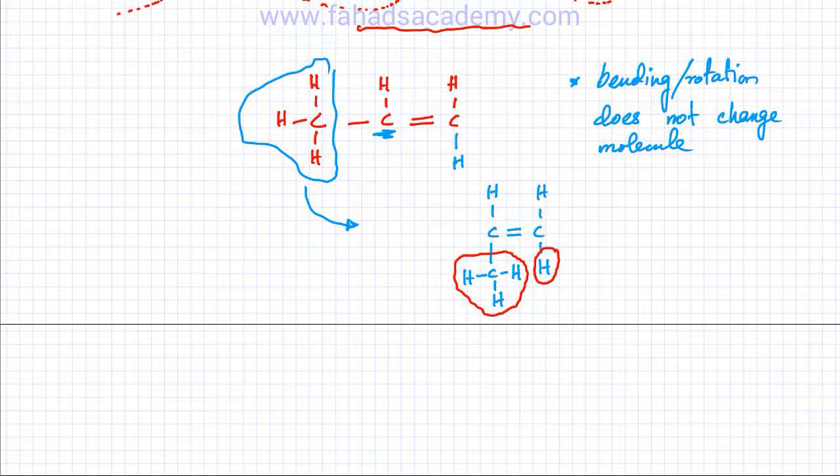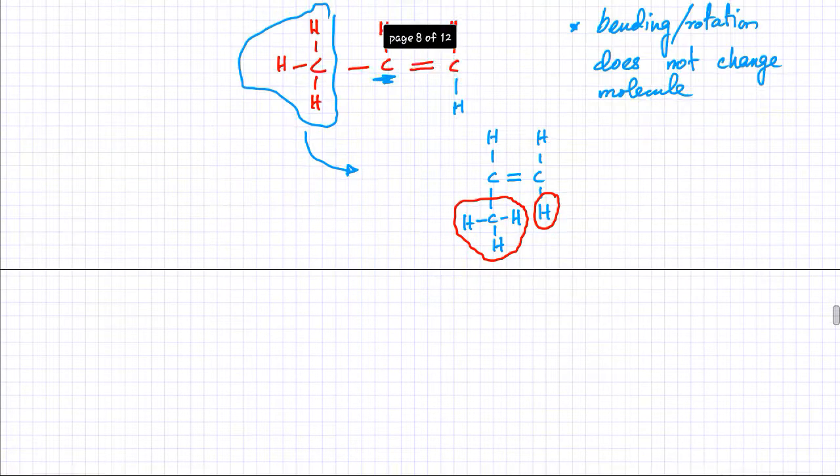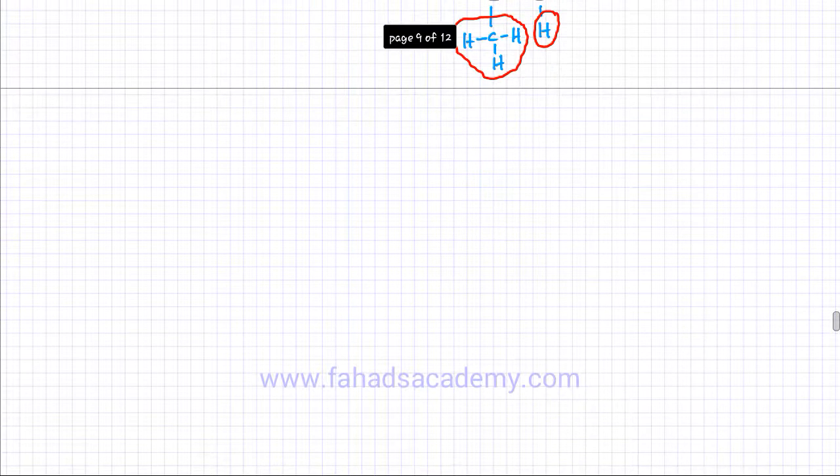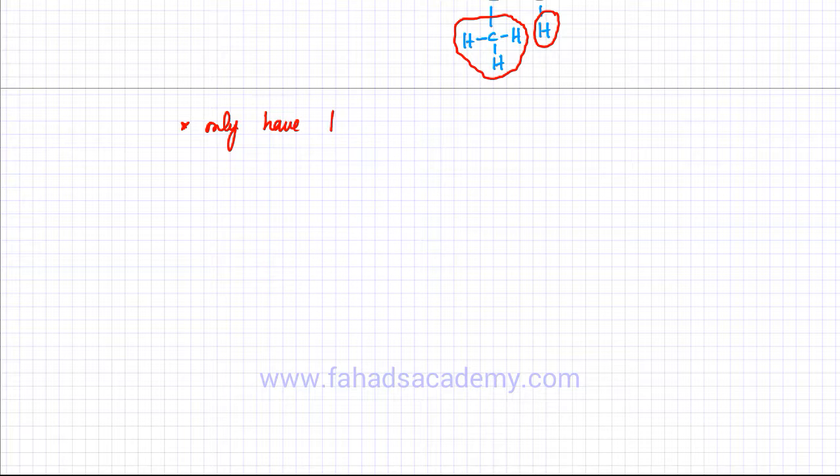So what I'm trying to do is redraw the propene molecule in a way that becomes easier for me to make a molecular polypropene. And the 3 basic rules that you need to remember: the rule is that you should only have the carbon double bond carbon on the horizontal axis.